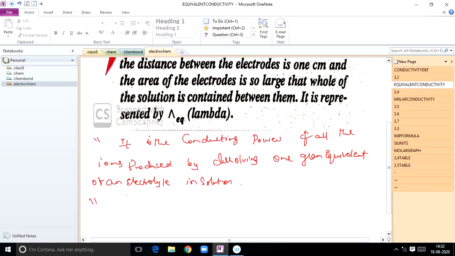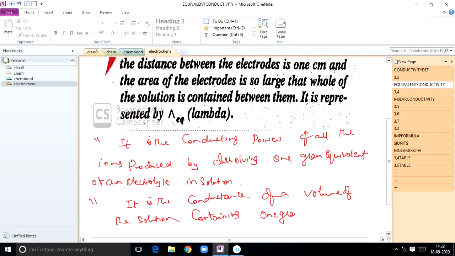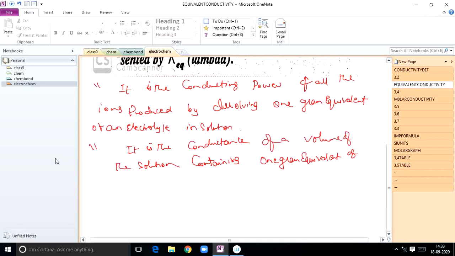One more definition. It is the conductance of a volume of the solution containing 1 gram equivalent of the electrolyte, placed between two parallel electrodes separated by a distance of unit length.